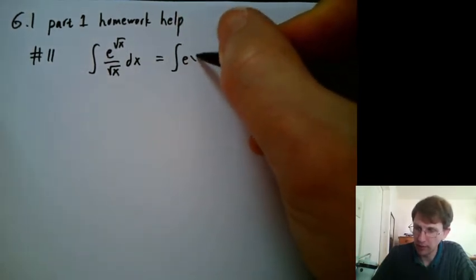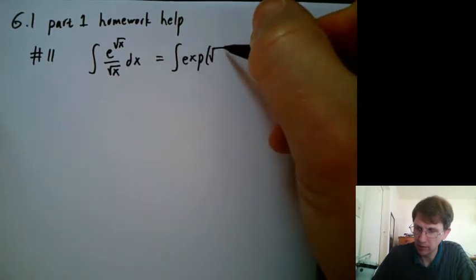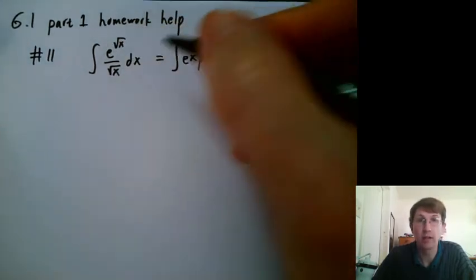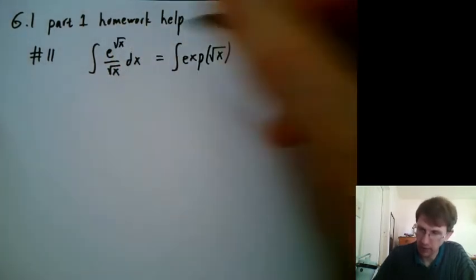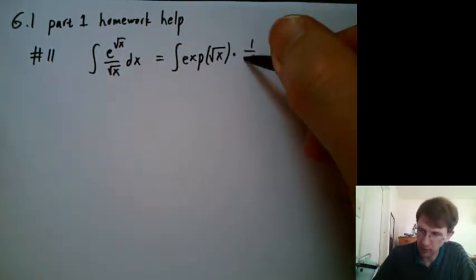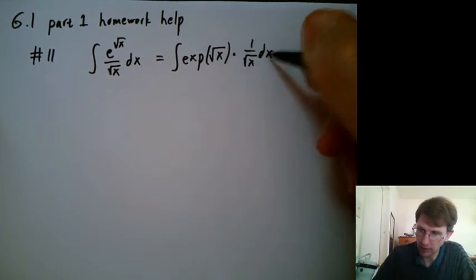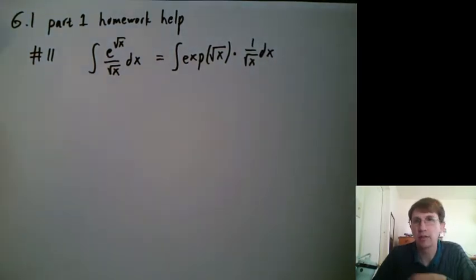So if I write this as exp root x, that's another way of writing the numerator. And then instead of dividing by root x, what if I do times 1 over root x dx? Does that kind of offer a suggestion for what's the inside thing and what's the outside thing?